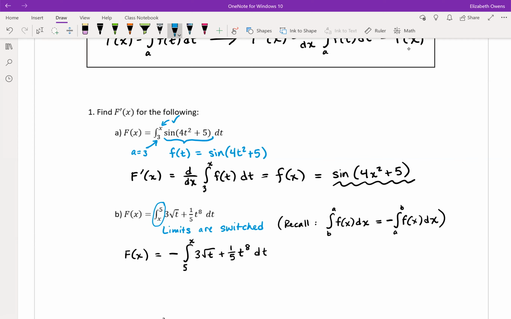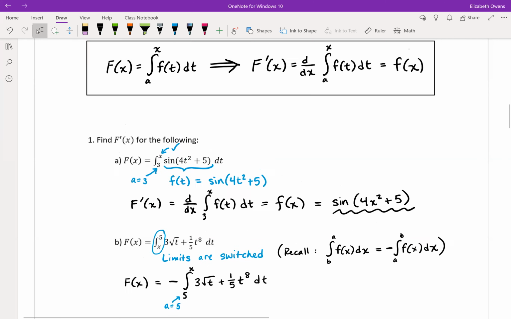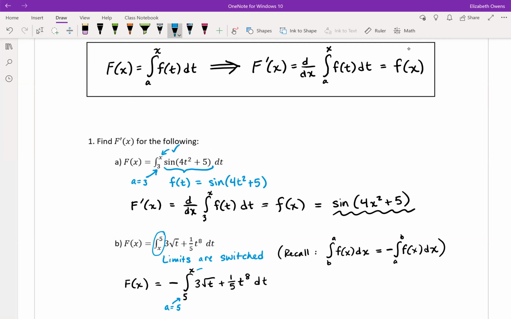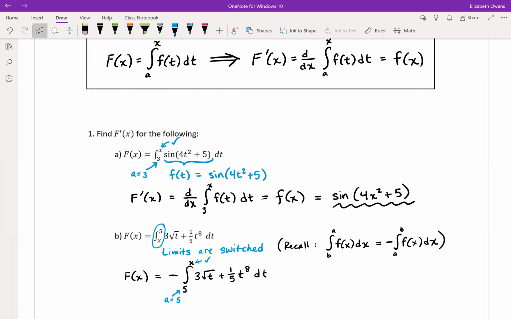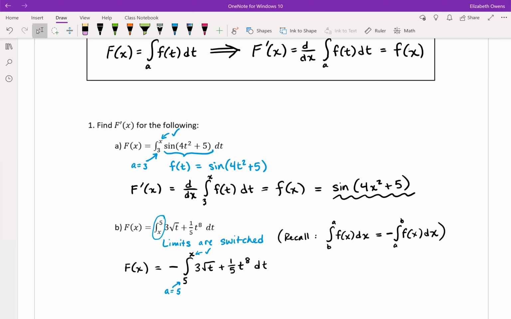We've got our constant on the bottom, the lower limit of integration, a equals 5. We have our x, plain old x, in the upper limit. Now that's good. And so what's inside of here must be f of t dt. So here's f of t. It is 3 square root t plus 1/5 t to the 8th.